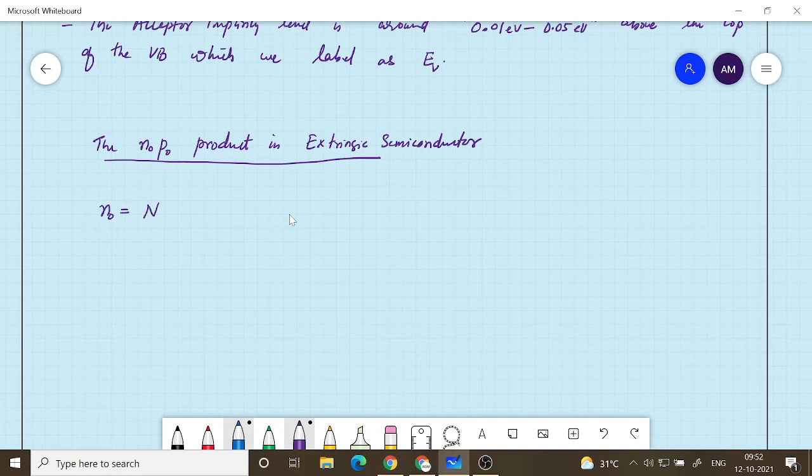N0 is our NC into e raised to minus of EC minus EF by kBT. So now I am going to modify this expression a little bit, and what I am going to do is introduce EC minus EFi, and then plus EFi. I am adding and subtracting EFi. What is EFi? EFi is the intrinsic Fermi energy level. So I am just adding and subtracting this.